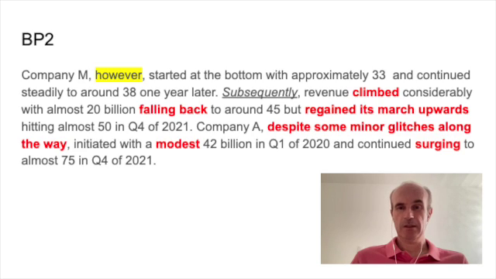This is just, let's say, an example of it, right? In the next body paragraph 2, I use words like climbed, falling back, regained its march upwards, despite some minor glitches along the way, modest and surging. These are all nice pieces of vocabulary that you would like to use in your writing as well.